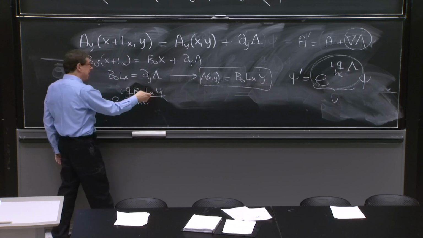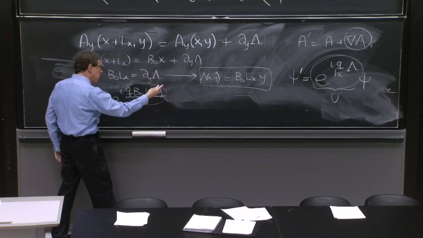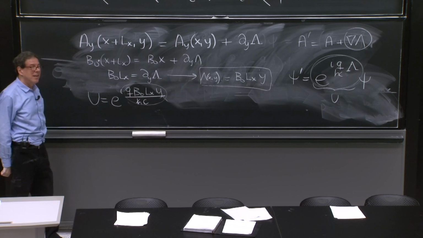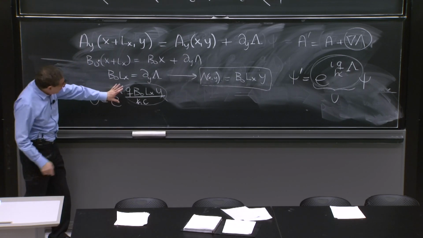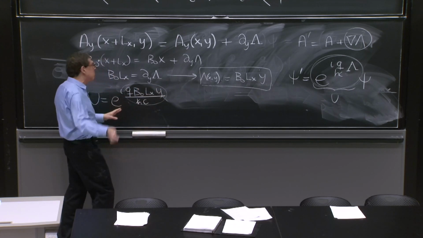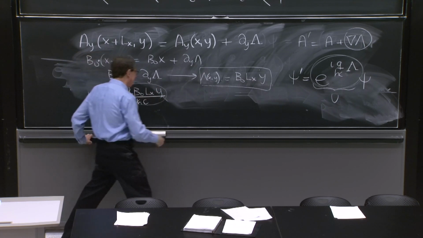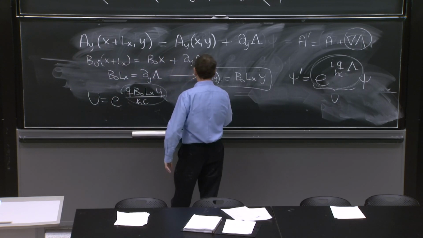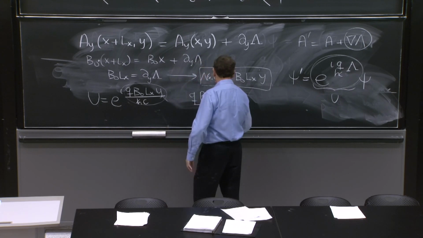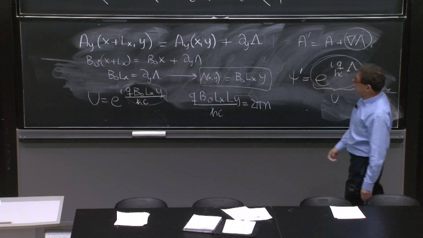For that, this whole exponent, when you change y by L_y, must change by a factor of 2 pi. You're living dangerously with this thing, it just doesn't want to exist on a torus, but if q B naught L_x L_y over h-bar c is equal to 2 pi n, everything is okay.